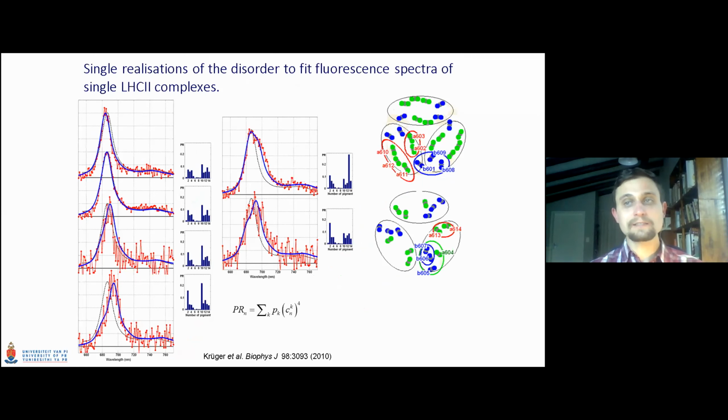Every time you excite one of the chlorophylls, the energy may end up at a different site. And these are all the different spectral forms that one can measure, or actually that have been measured, and different spectral forms that can be simulated, and one can then get a very good idea of how the energy is distributed across the whole pool of chlorophylls that are participating.